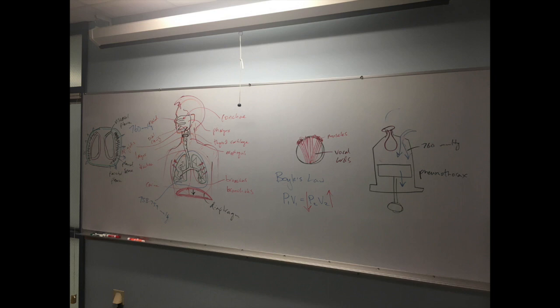As it recoils, the volume of the thoracic cavity goes what? Up or down? So as the diaphragm relaxes, it goes from here to here, volume decreases, pressure increases, so pressure's higher now, it's probably like 761, pushes the air out. Okay?